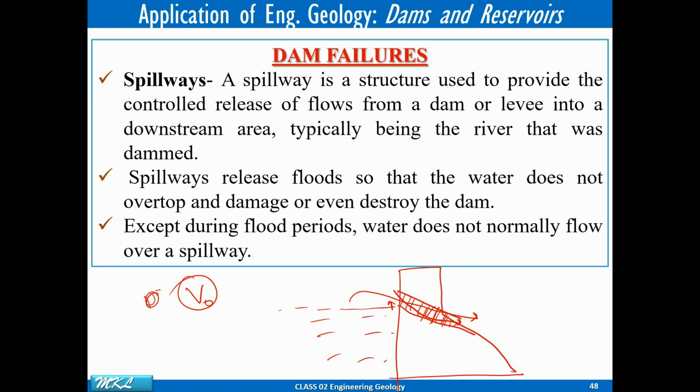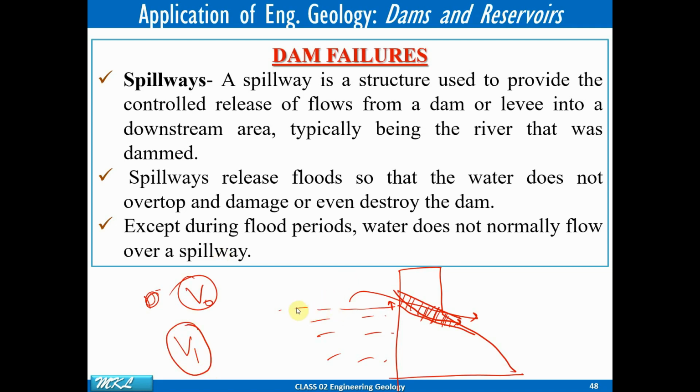You didn't consider the climate, the monsoon period, or the rain data, and you considered that V0 amount of water will be the surplus during the monsoon. But in practice, when the monsoon comes and the flood happens, V1 is the surplus water.